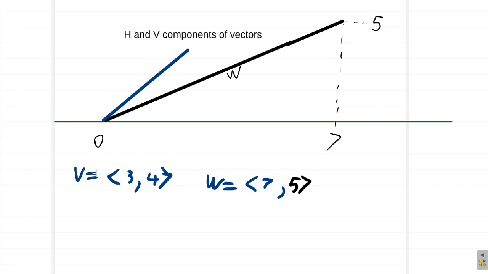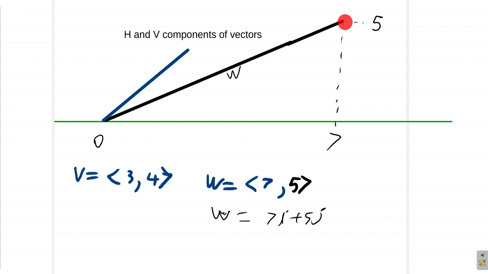And that would be the same thing as saying W is equal to 7i plus 5j, because i is the horizontal and 5, it means it goes 7 to the right because it's positive 7 and 5 up because it's positive 5.